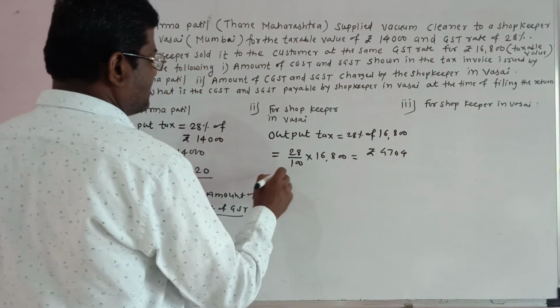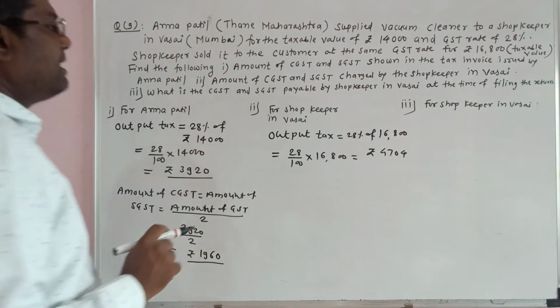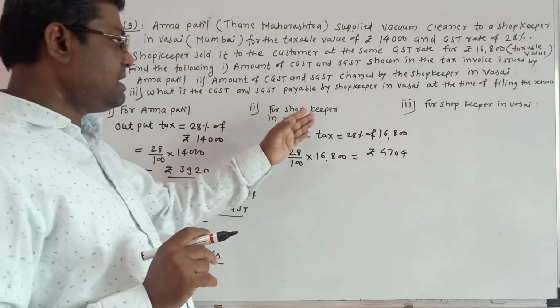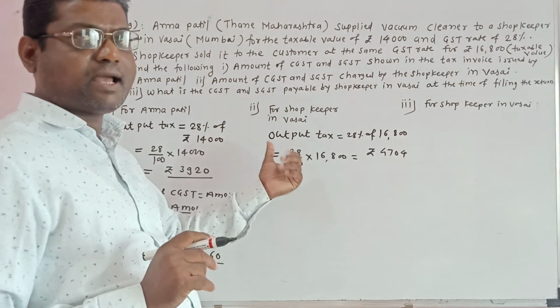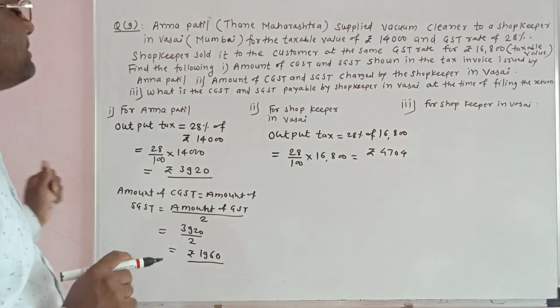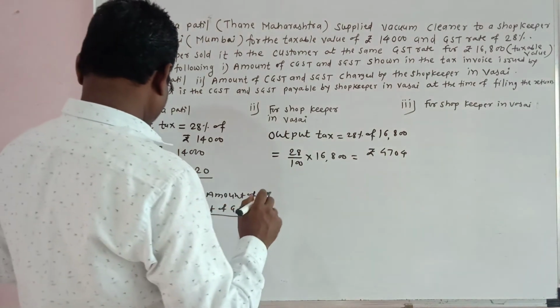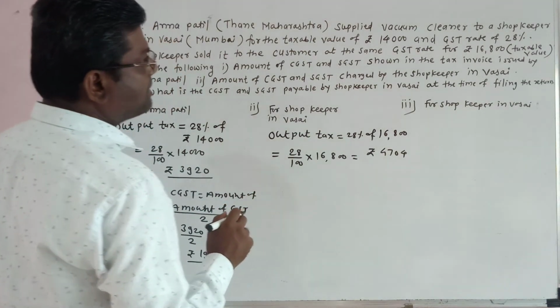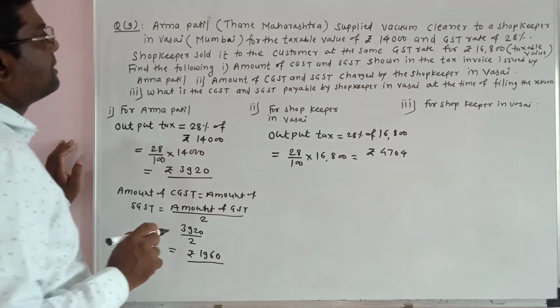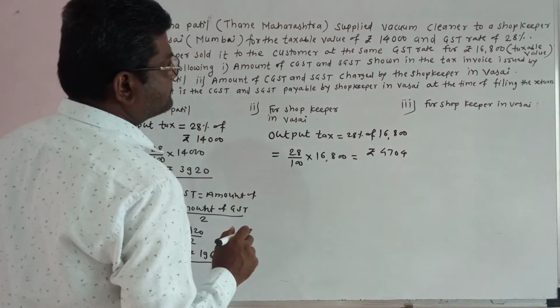So this is the GST collected by the shopkeeper that he has to show in the tax invoice, and that tax invoice is given to the customer.